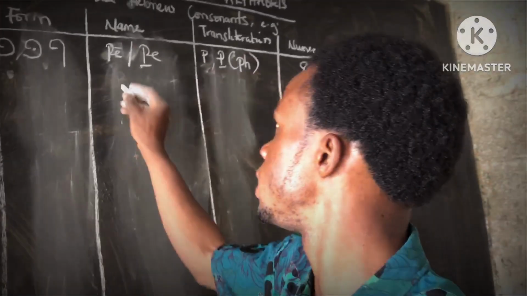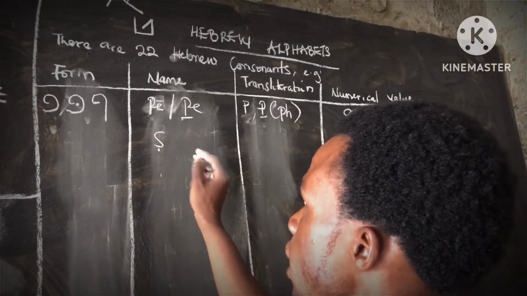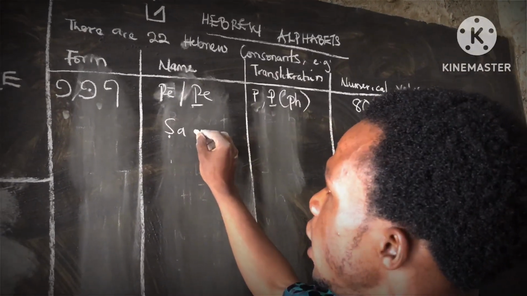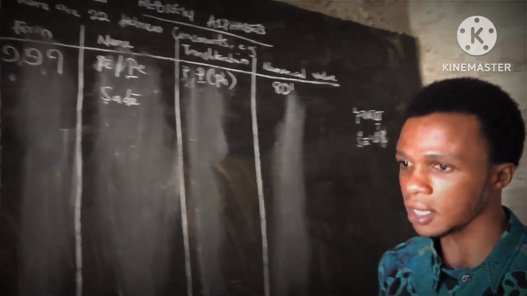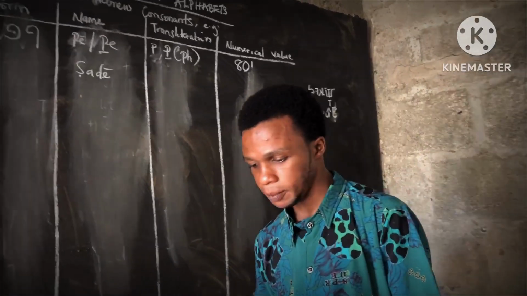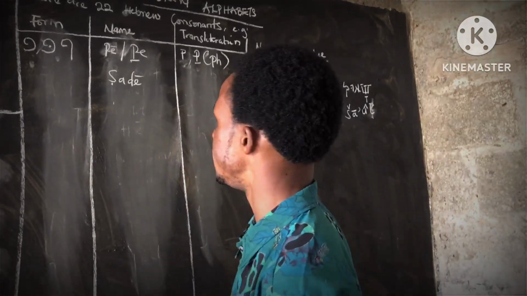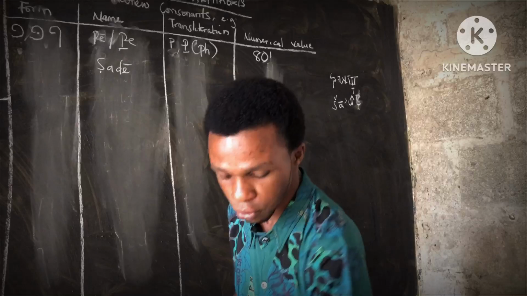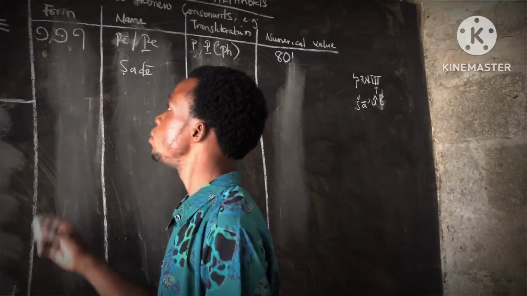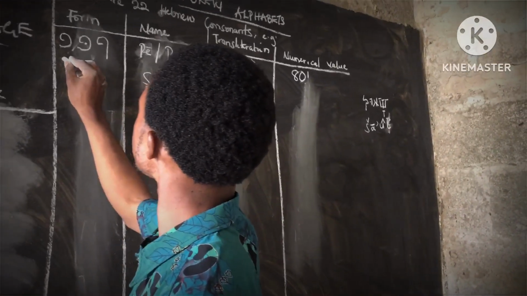Sade has two forms. The first form of Sade is this.